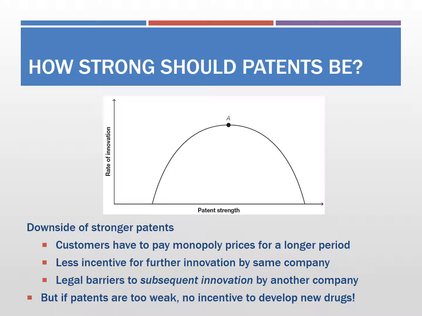Hypothetically, we can do it until we get to point A. But in general, we have already seen a huge increase of innovation in the past century, specifically in the pharmaceutical industry. So we believe the law is not perfect. There's no regulation that's perfect, but indeed, we still see very, very strong growth of innovation in the past century that motivates new drug companies to come up with new products and to be innovative in the markets.